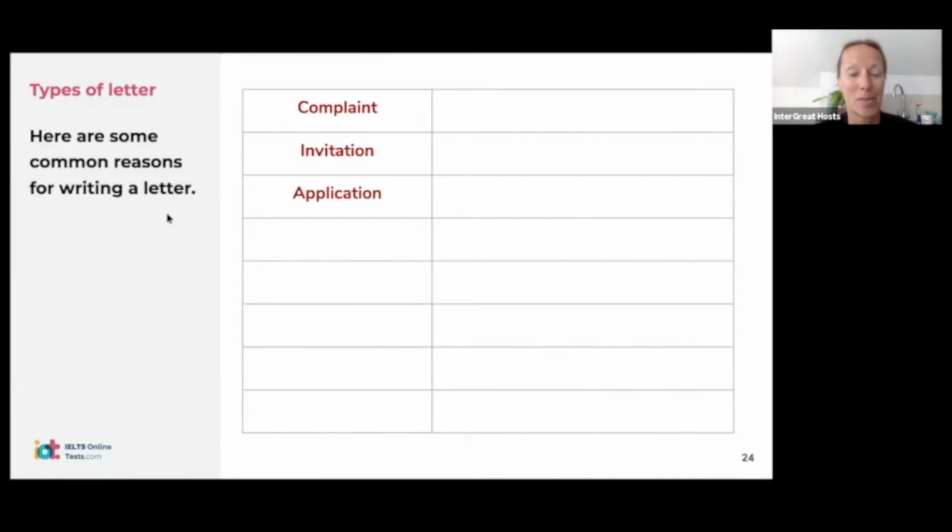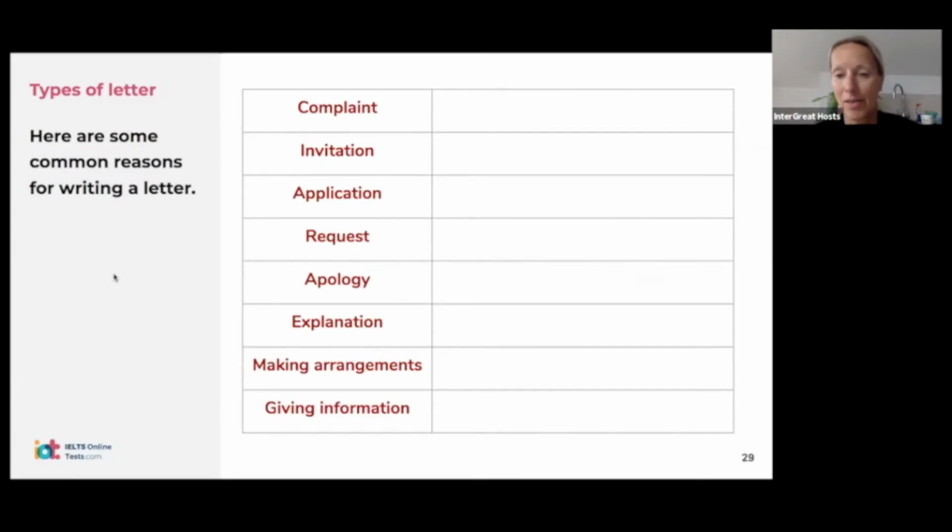Okay, application, it could be application. Request, yeah, other ones. Advice, it could be. Apology. Explanation. Enrollment, possibly, yes. Feedback, yes. Accepting an offer, yeah. Making arrangements. And yeah, information, yes.